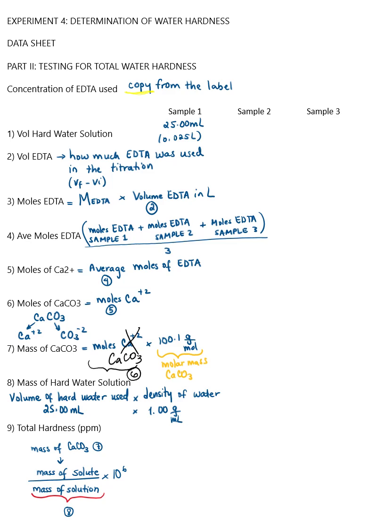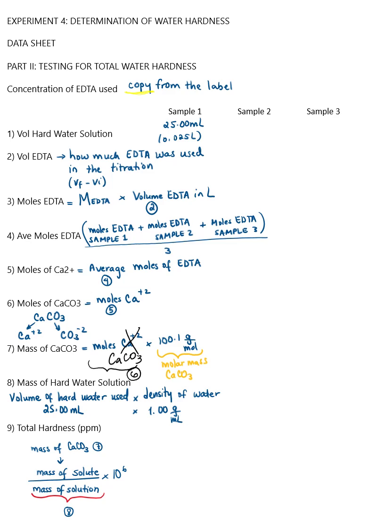So the volume of your hard water is 25 milliliters. When you multiply that times the density of water, which is just 1 gram per milliliter, your unit of volume, milliliter, cancels out, and you get the mass, a number with units of grams, which is what you're trying to calculate in number 8.